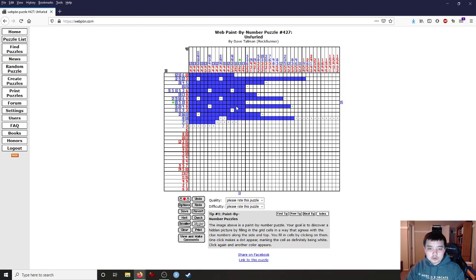These 13s are most likely going to fill up these cells. 3, 3, 6. Oops.